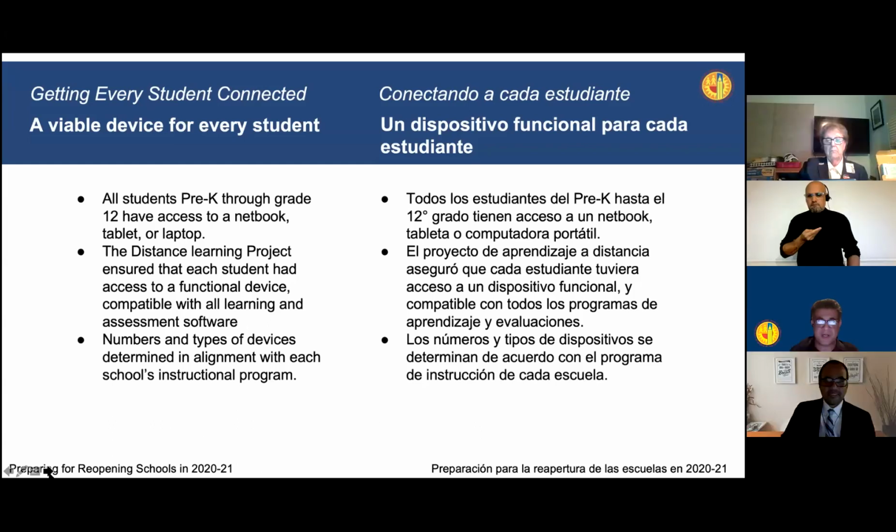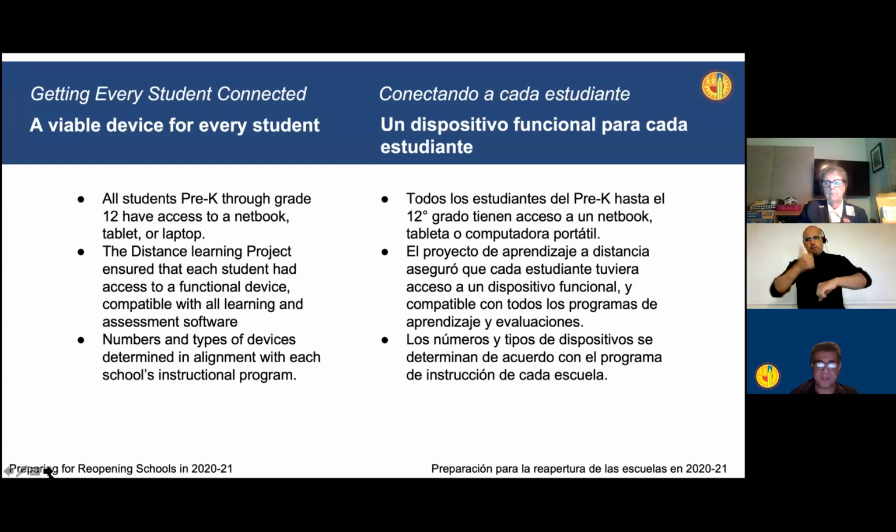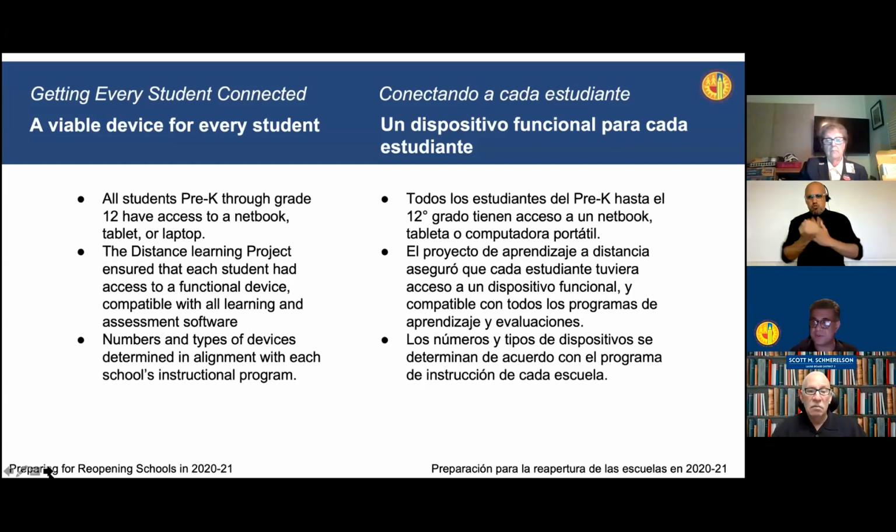The type of the device typically was based on the instructional program in the school. Some schools selected the Chromebooks, some schools selected the Windows devices, and some schools selected the iPad devices. Most of them that we noticed, the iPad was the product of choice for early elementary, like grade 1 and 2.